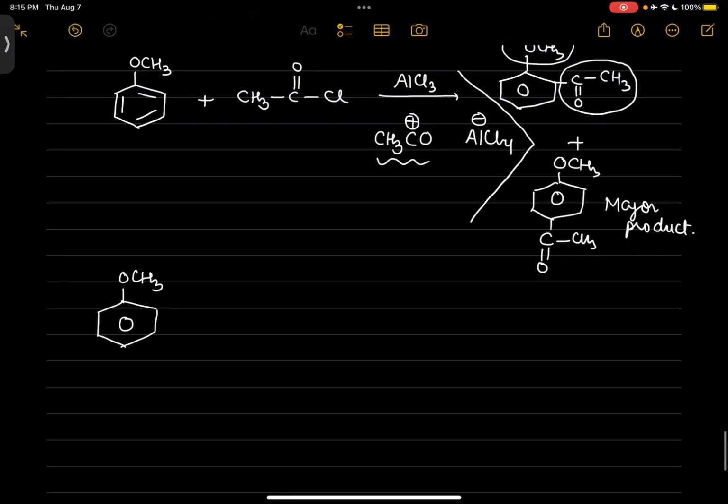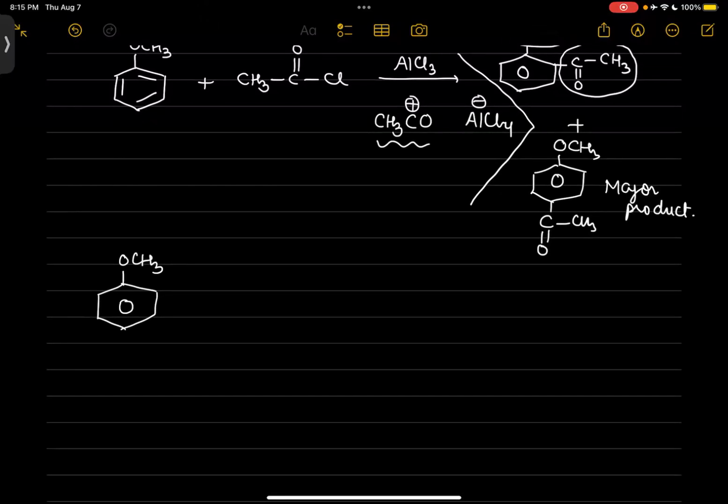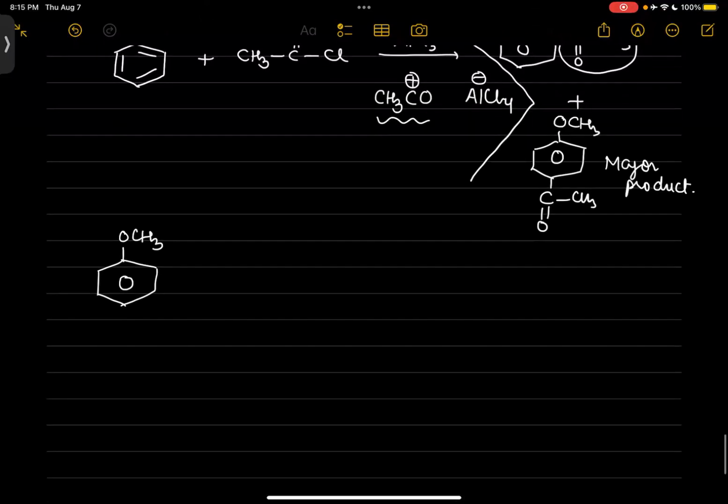Which group are we going to attach? If you are trying to put the NO2 group, that is done by taking HNO3. Nitration can be carried out by taking HNO3 along with H2SO4.